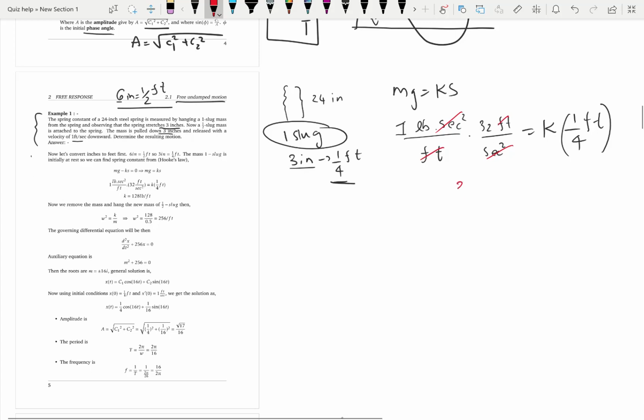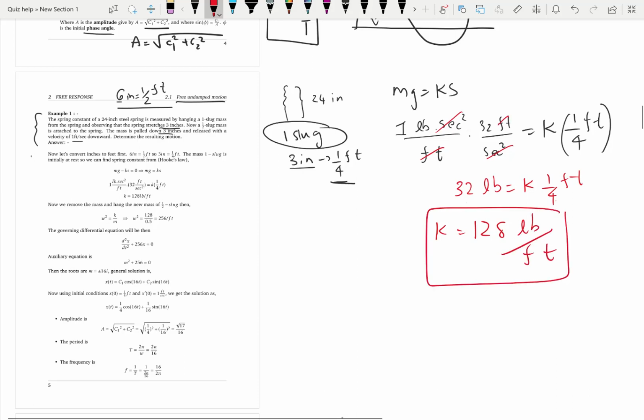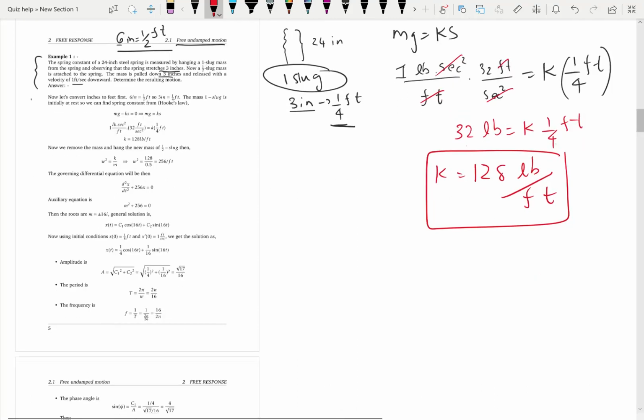So it's actually 32 pounds is equal to K times 1/4 feet. So K is 32 times 4, which is 128 pounds over feet. So that's the spring constant. It's always pounds over feet, the spring constant. We determined it by the initial experiment.